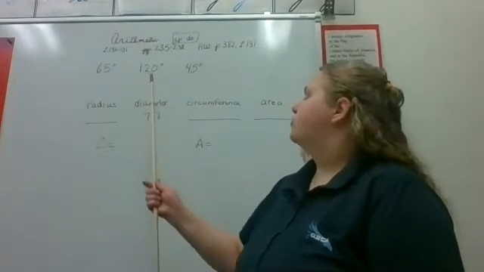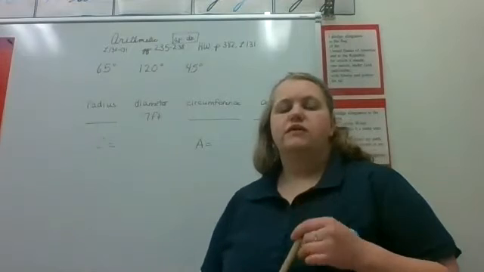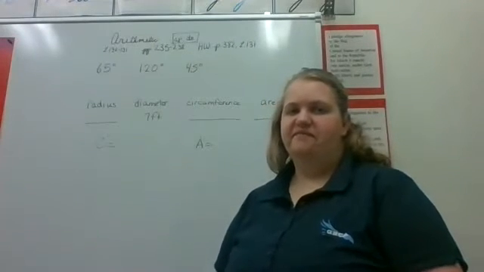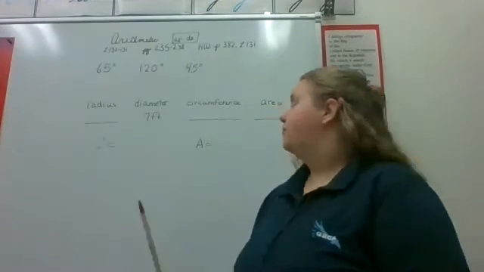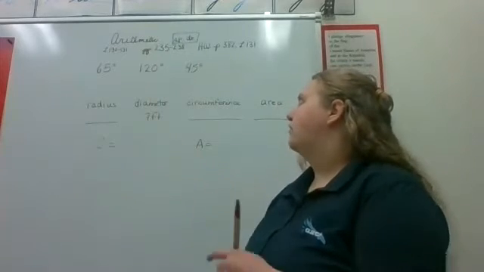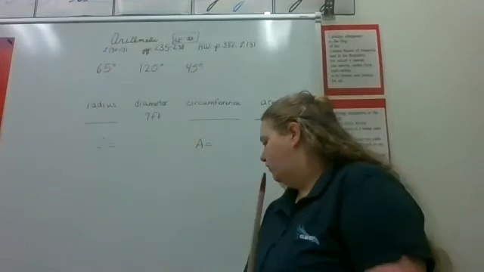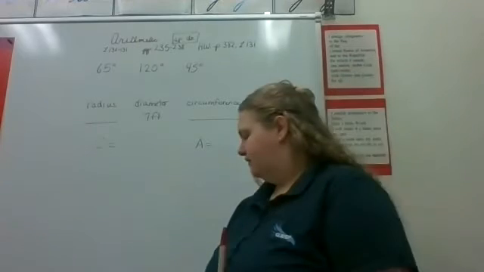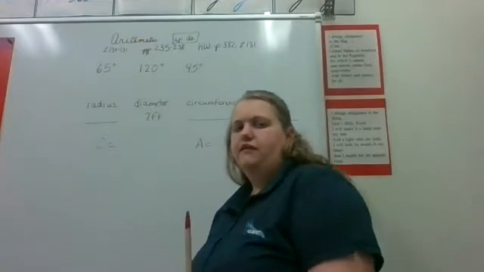What about 120 degrees? What type of angle is that? Yes, it would be obtuse. If you said obtuse, you would be correct. And then a 45-degree angle is what? That one is also acute.